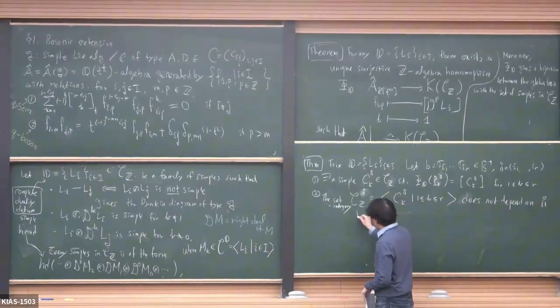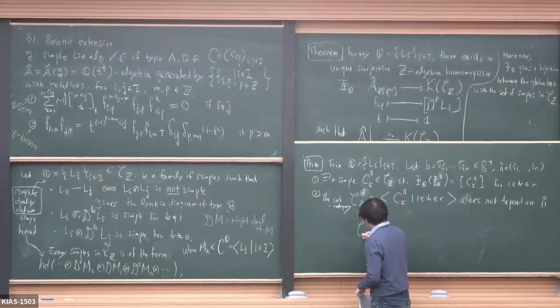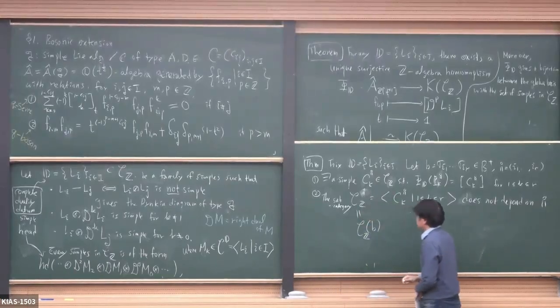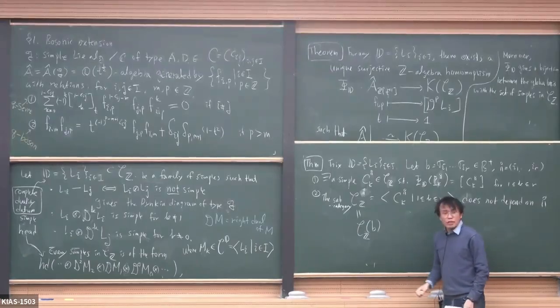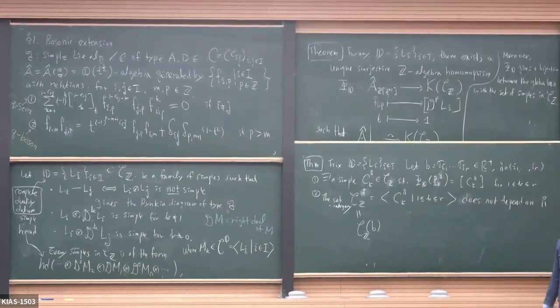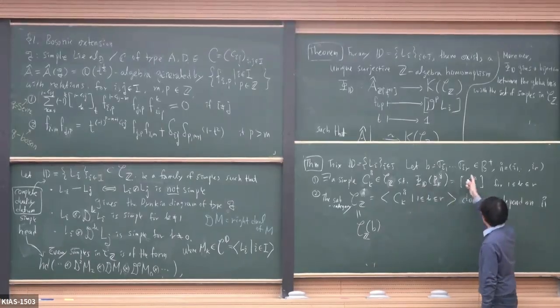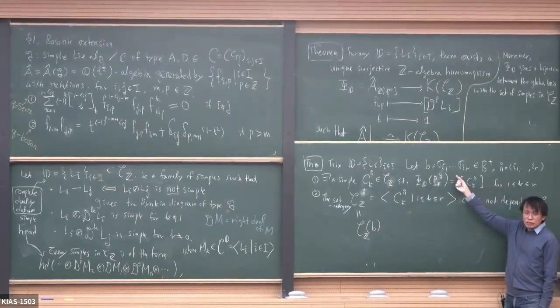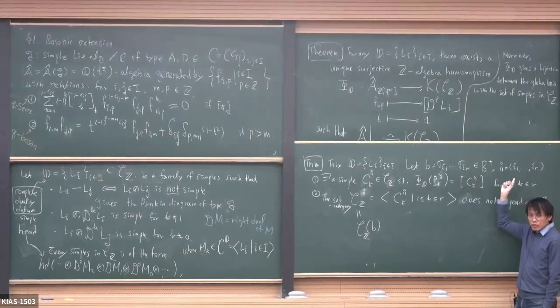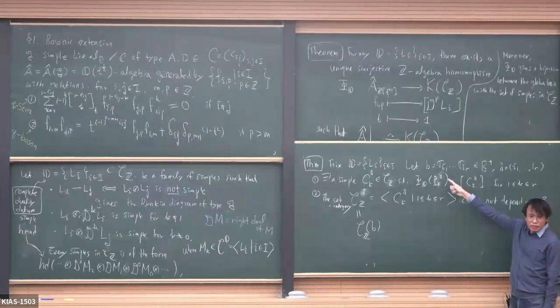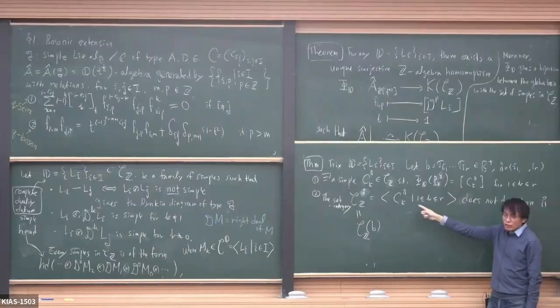Because it doesn't depend, we can write it this way: it only depends on the braid word B. What I mean is that if you apply the braid relation here, then you will get a different expression for the same B, and different generators, but still the category is the same.